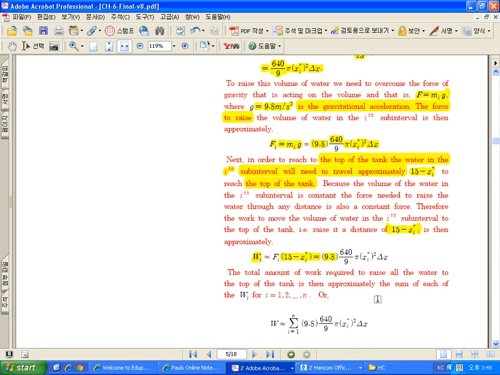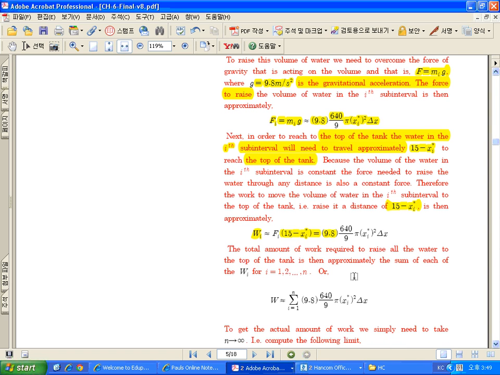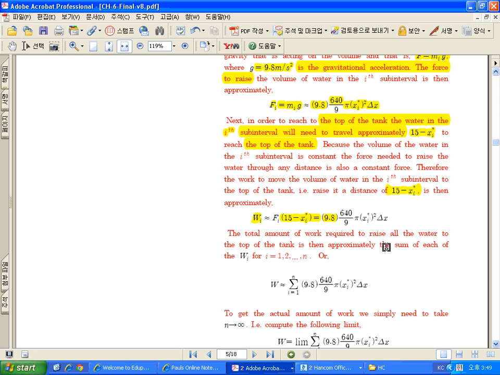So the total amount of work required to raise all the water to the top of the tank can be approximated as a summation of each of these Wi's for i from 1 to n. So W is a summation of all of those.